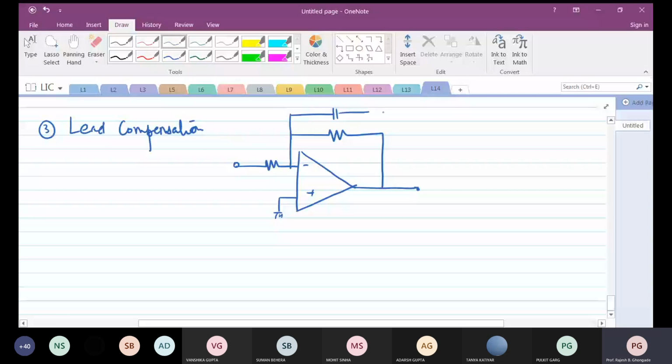This capacitor will add a positive phase shift, which means lead. So it will change the phase response. That is called the lead compensation.